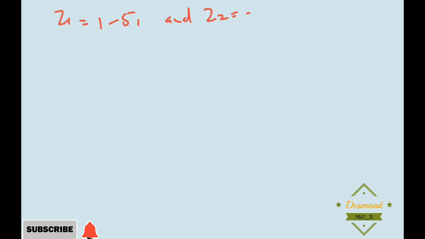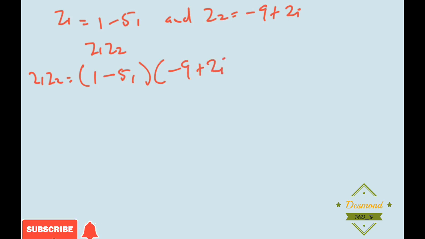Let's take this example as well. Let's say we have z1 being equal to 1 minus 5i and z2 being equal to -9 plus 2i. You can also try this on your own. Pause the video and try this on your own. So let's determine z1 z2. To determine that, we are multiplying z1 z2 equal to (1 minus 5i) multiplying (-9 plus 2i).